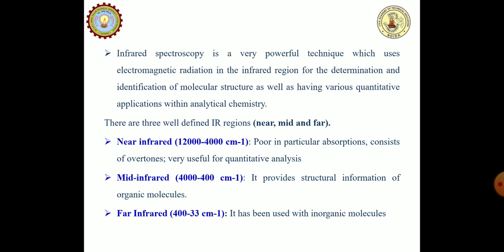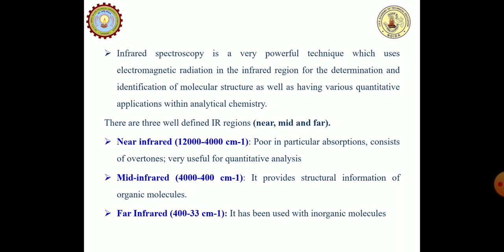Infrared spectroscopy is one of the powerful techniques. It is used for the identification of the molecular structure, means structural analysis. This infrared spectroscopy also has various quantitative applications within analytical chemistry.